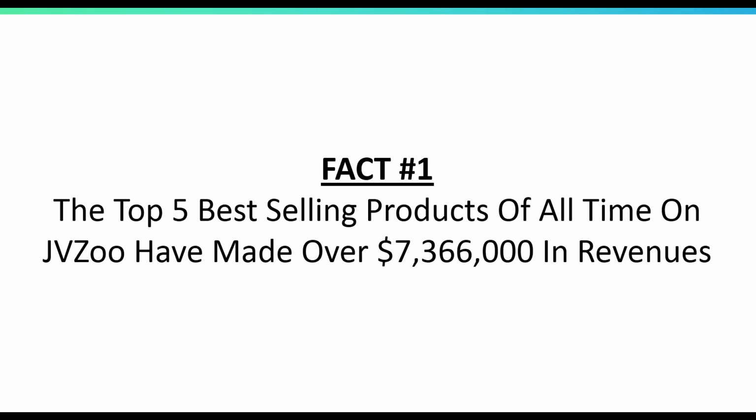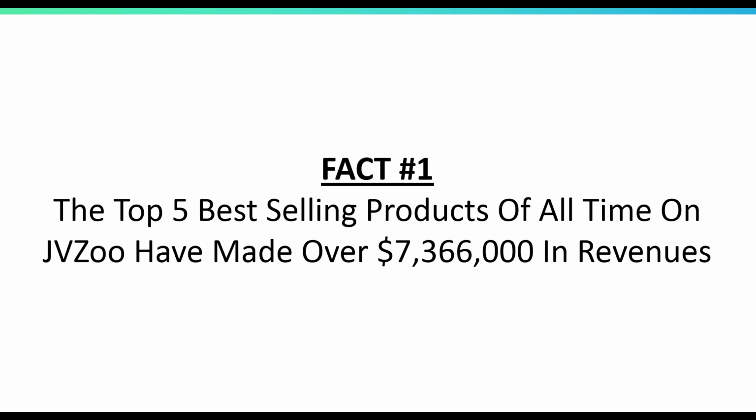And this is actually supported by facts if you go to JVZoo right now. The top 5 selling products of all time have always been software. You have InstaStore, you have landing page builders and all that.